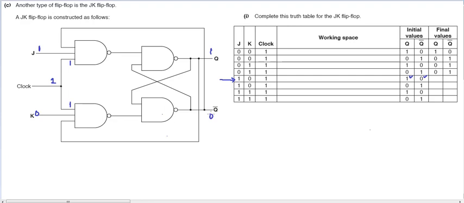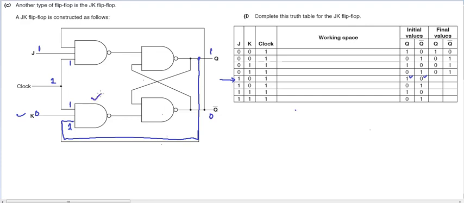Let's start with this one. We can start with J or K, but let's start with K, right? And we can see that this output from Q is being fed back here, right? So we're getting a 1 here.